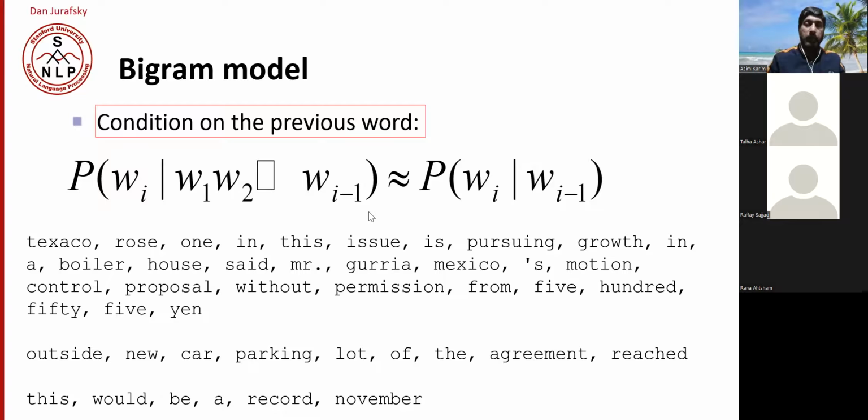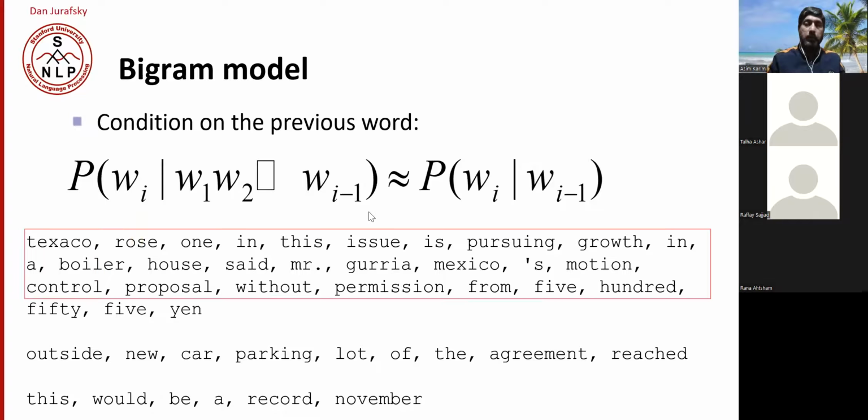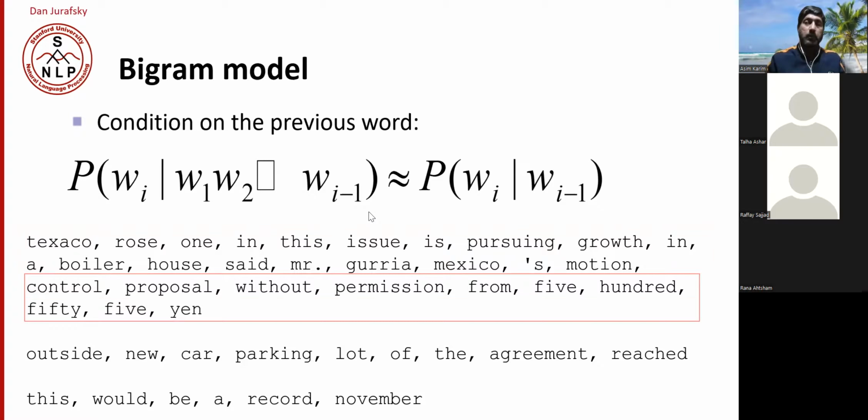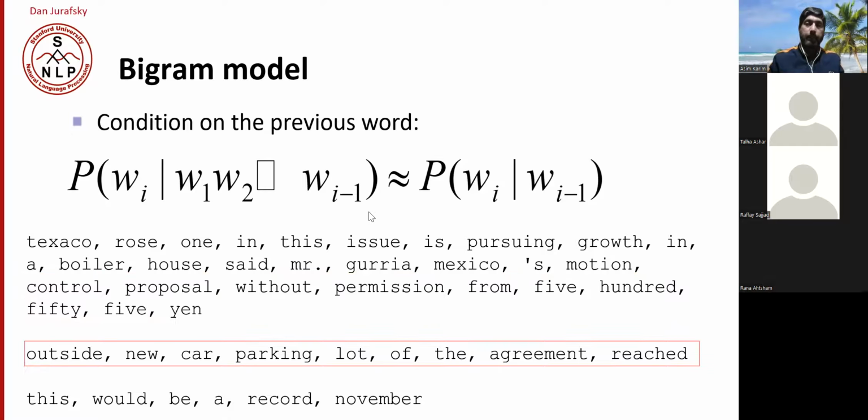So there is a context of one preceding word. If you use such a model to generate text, you will get two words that are more meaningful. So parking lot, Lahore University, so on. So couplets, two words would make more sense.